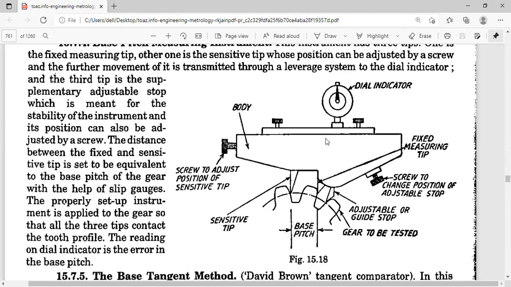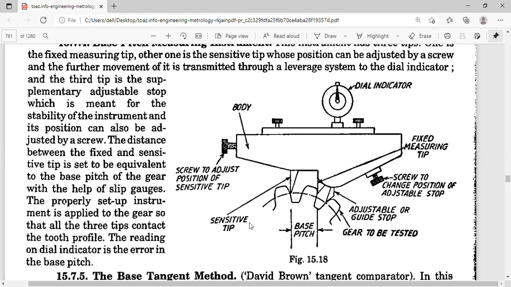The distance between the sensitive tip and the fixed measuring tip, you set to the base pitch of the gear with the help of slip gauges. For example, I just gave you 2.6 mm; it may be any other value.